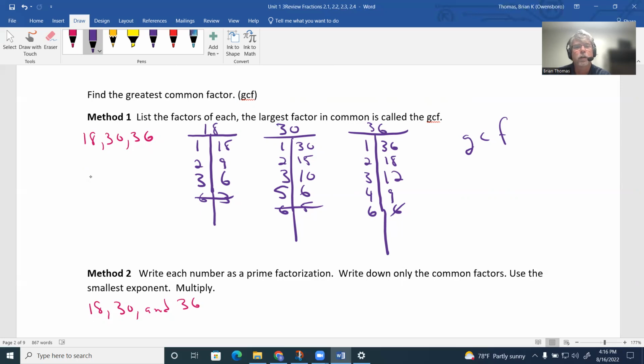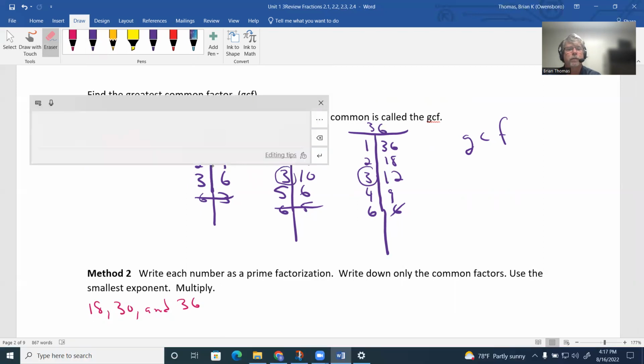So it looks like the largest common factor would be 3. I'm not seeing any other common factors there among those. 6 looked, wait a minute, 6 was the largest, wasn't it? I missed it, didn't I? Shame, shame, shame. Can't read my own handwriting there.